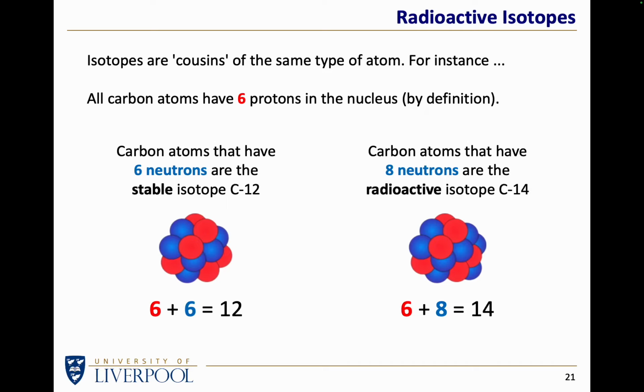If we have another type of carbon, still with 6 protons, but now if we had, hypothetically, what if we had 8 neutrons? This would be called carbon-14. 6 protons and 8 neutrons gives us 14. This particular isotope of carbon is radioactive. It's unstable. This is the one that's used in carbon dating.